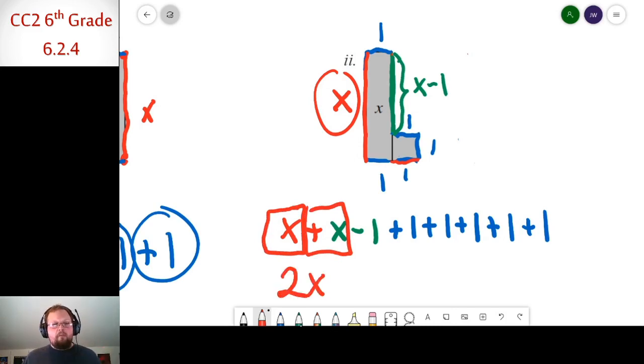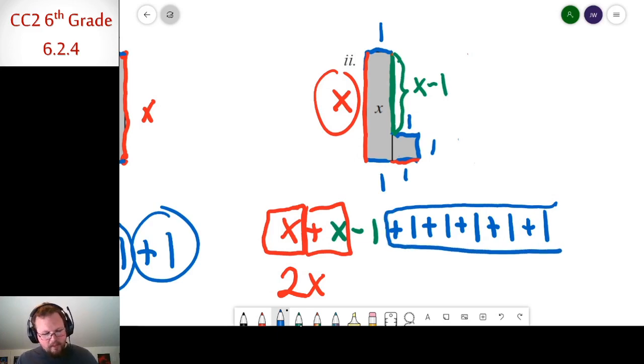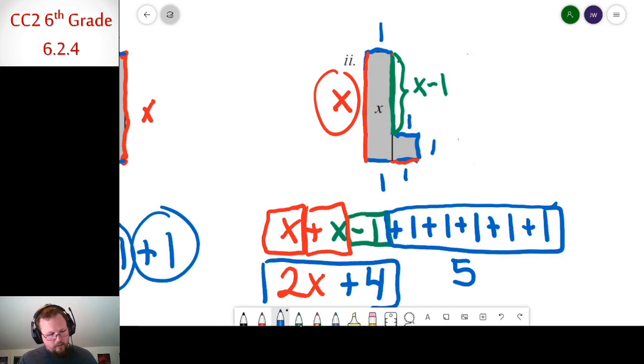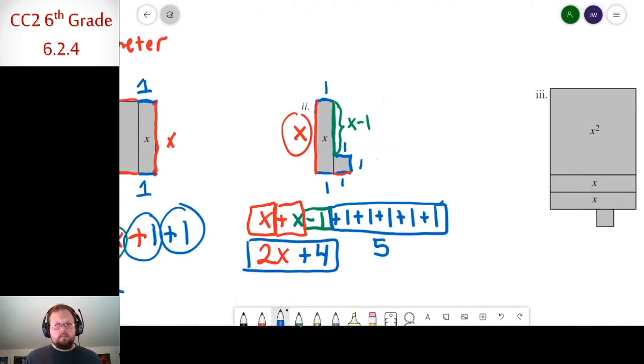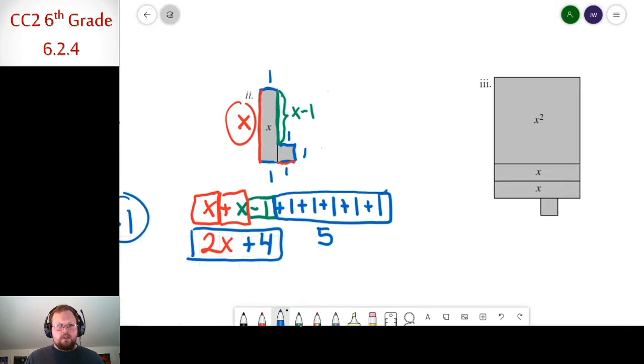Again, I am emphasizing strongly that you have to include the symbols, because when I go to combine all of these, that is a bunch of positive 1's, which is 5, combined with this negative 1 right here. Negative 1 and 5 is positive 4. So this perimeter is written as 2x plus 4. Okay, it's written as just 2x plus 4.